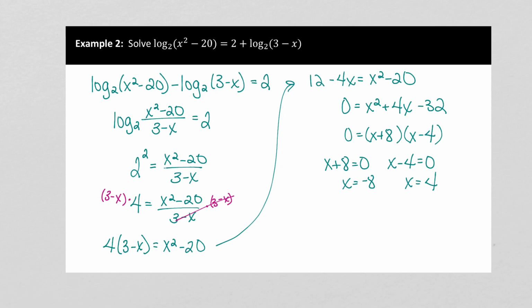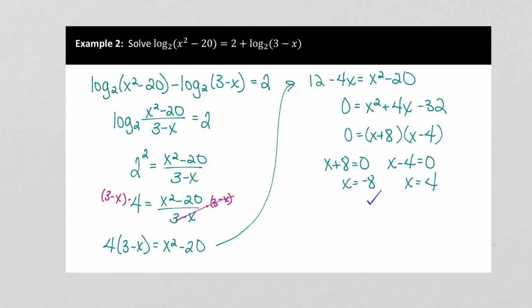So taking negative 8. Negative 8 squared is positive 64. 64 minus 20 is 44. So that's good. And then plugging in negative 8 there, 3 minus negative 8 is 3 plus 8. That's 11. So negative 8 checks out.